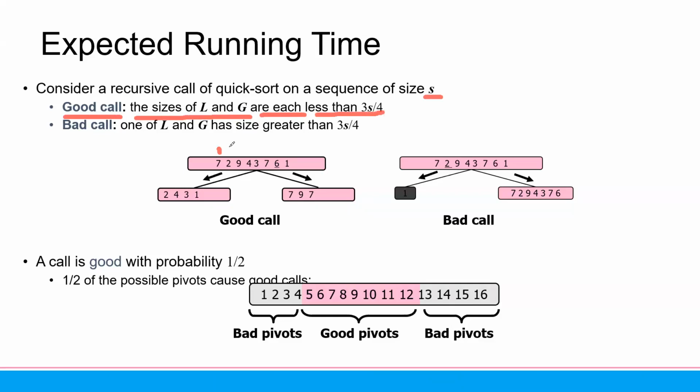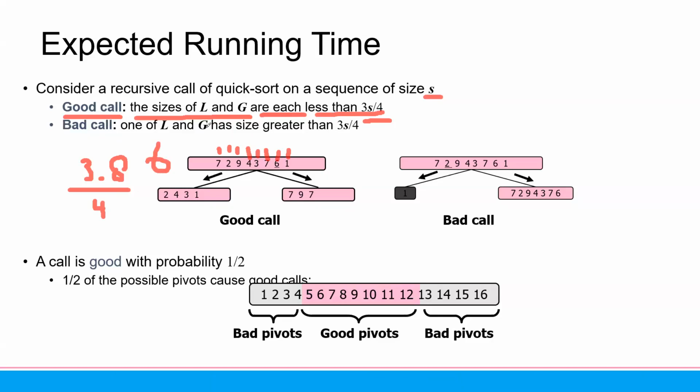Okay, for example, this one, 1, 2, 3, 4, 5, 6, 7, 8. Okay, what does it mean by this? 3 multiplied by 8 divided by 4. So we have 24 divided by 4, which is 6. Okay. So if it is less than 6, yeah, we can say it is a good call.